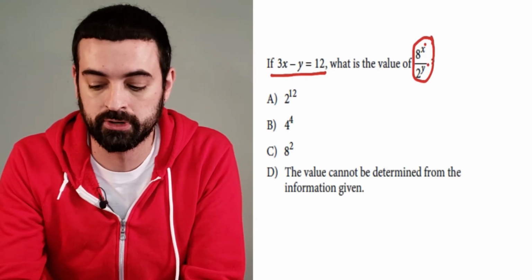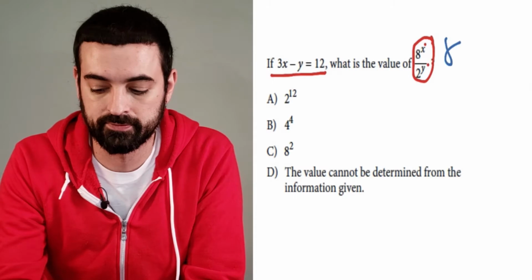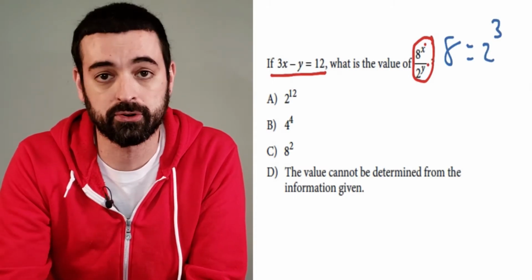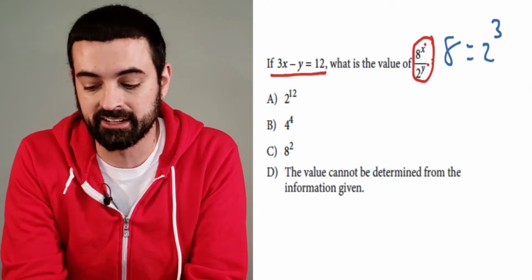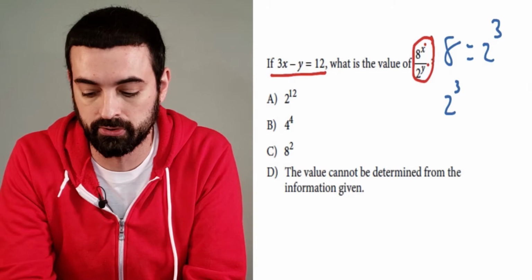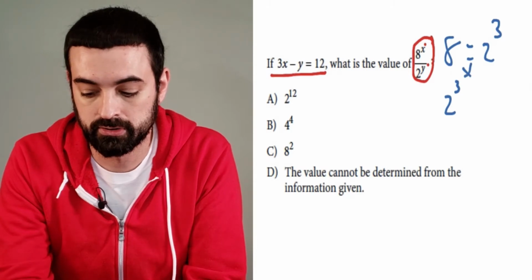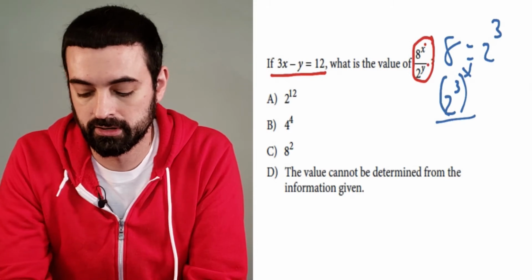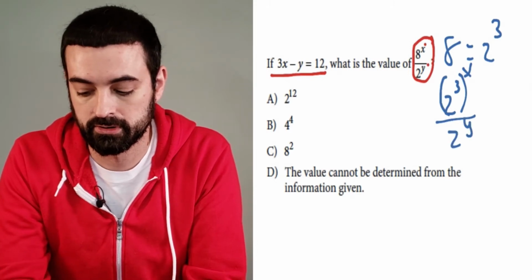It's true that 8 is equal to 2 to the third. Because 8 is equal to 2 to the third, we can rewrite this as 2 to the third to the x, we'll put parentheses there, all over 2 to the y.